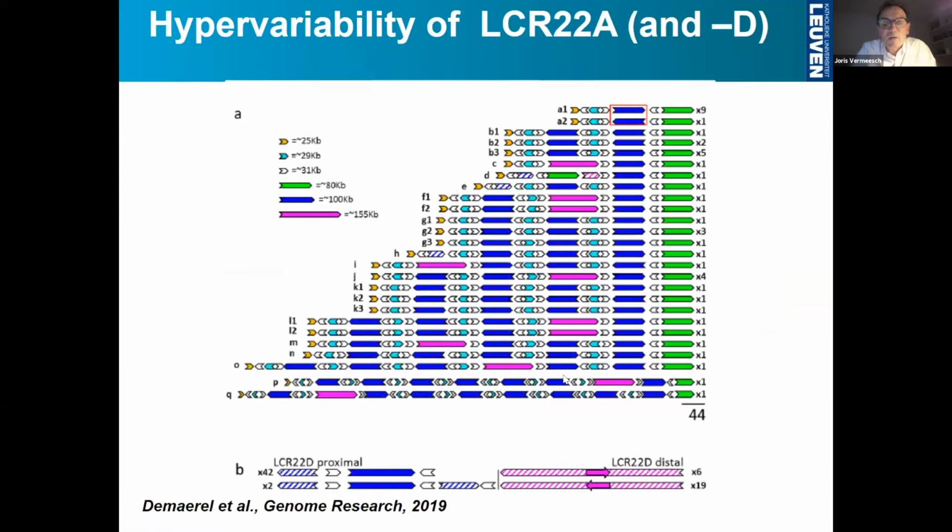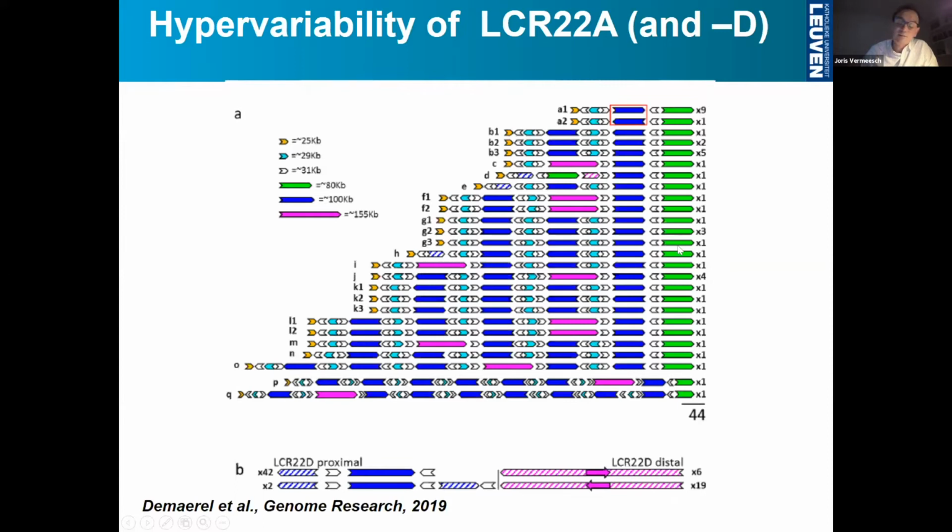And to our surprise, we saw an incredible degree of variation in the region, and what you see here are individual alleles. A normal individual is diploid, so has 2, but this is the sum.